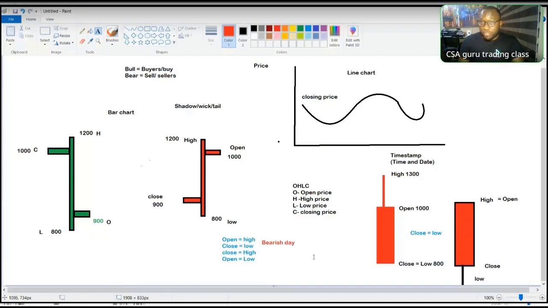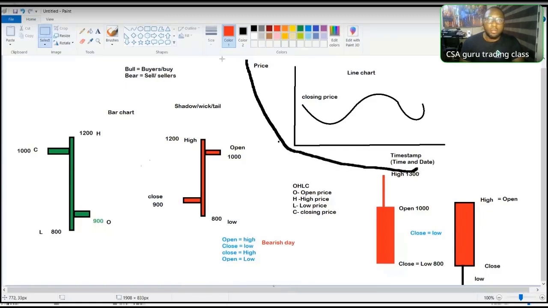But for us to have a bullish day, like I said, I'm basically breaking down everything you need to know about candlesticks, because if you understand this, it really helps.